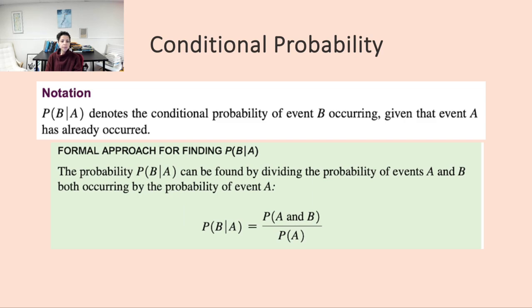The probability of B given A can be found by dividing the probability of events A and B both occurring by the probability of A. So P(B|A) is equal to P(A and B) divided by P(A).